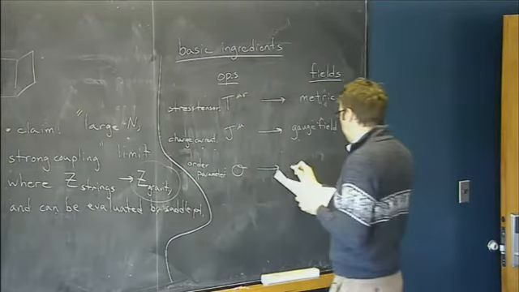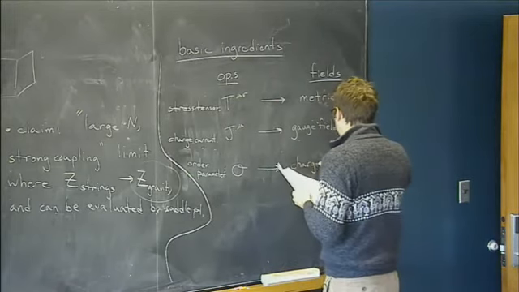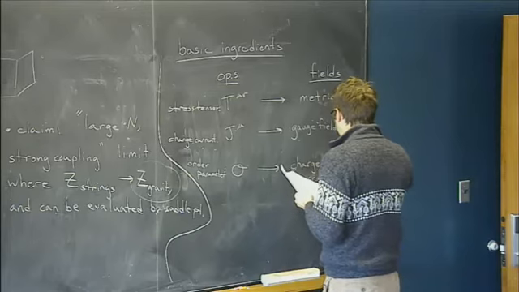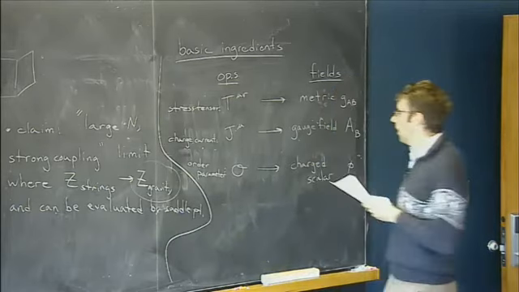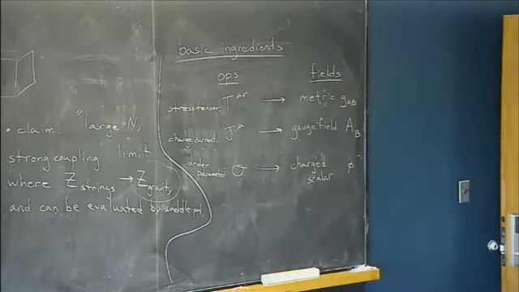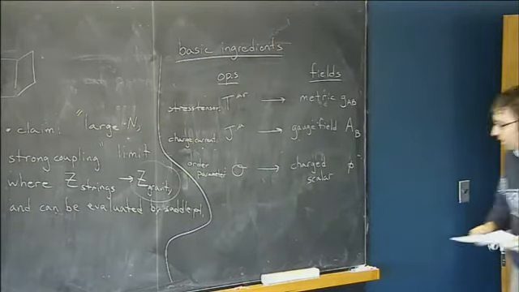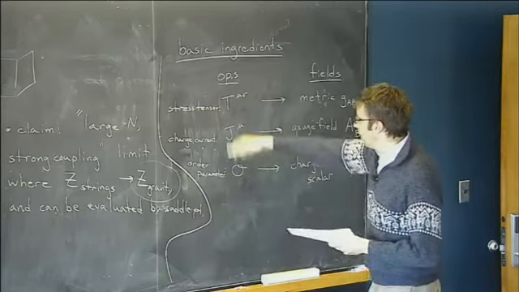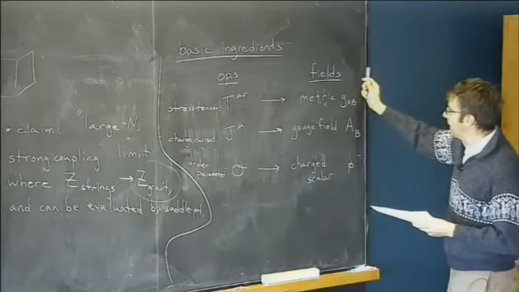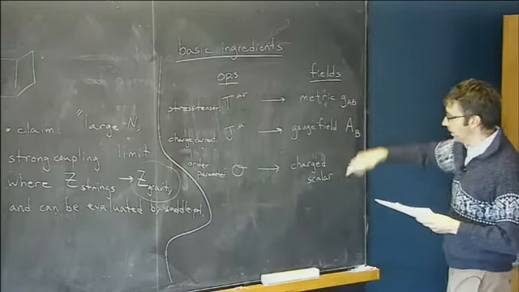And the order parameter is sourced by some sort of charged scalar, which I'll call phi, in the bulk. So the minimal ingredients I need to construct this theory, I claim, are these three operators on the field theory side and these three fields on the gravity side.